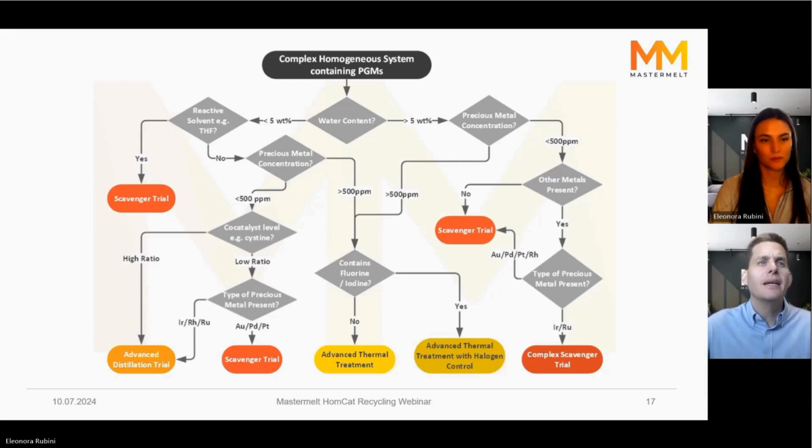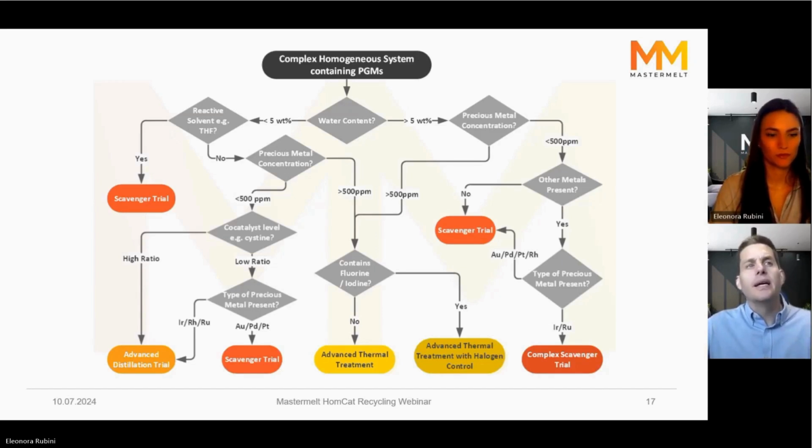And if we go back and there are no solvents present, then the next question we ask ourselves is, what's the PGM concentration? If it's less than 500 ppm, the next thing we look at is, are there any co-catalysts, and what levels are these co-catalysts? If we say here it's a high ratio of co-catalyst, then the most appropriate technology to use next is an advanced distillation trial.